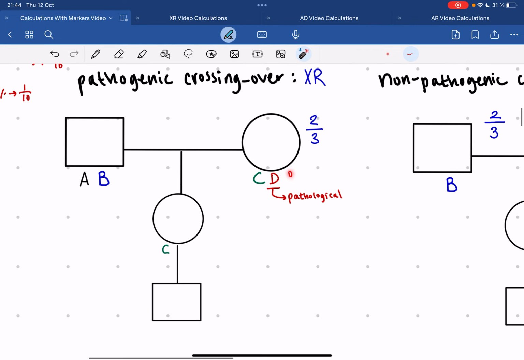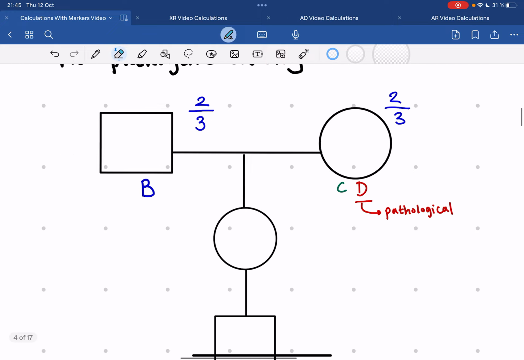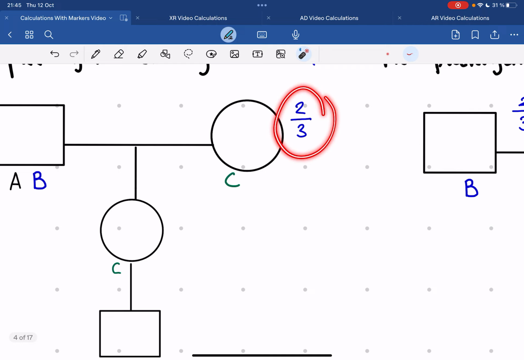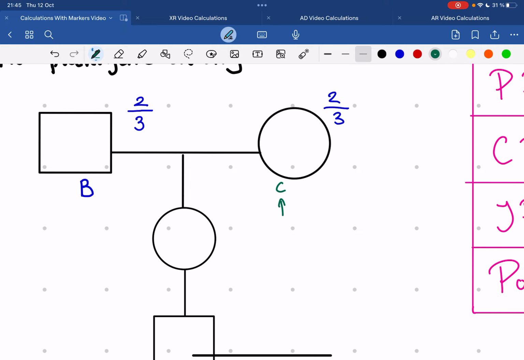In our case, D is the pathological marker. However, this person still has a 2 out of 3 chance of being a carrier, so let's ignore this D. And let's just say that this person has a 2 out of 3 of being a carrier, but we know that this is non-patho. So the C, or the marker that marks for C, is non-pathological.